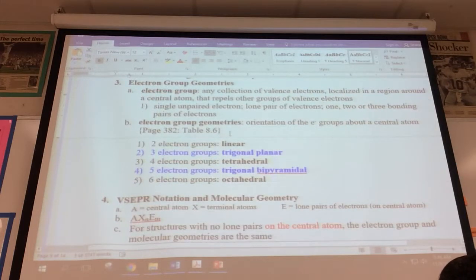There are 5 electron group geometries, and that shows how the electron groups are oriented. If you have 2 electron groups, it's linear, 3 trigonal, tri means 3, 4 tetrahedral, tetra means 4, 5 electron groups is trigonal bipyramidal, 3 plus 2 is 5. This one will bother you. 6 electron groups is octahedral.